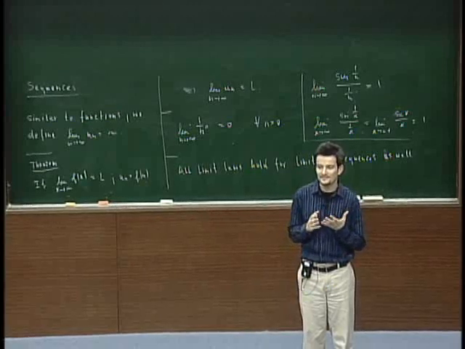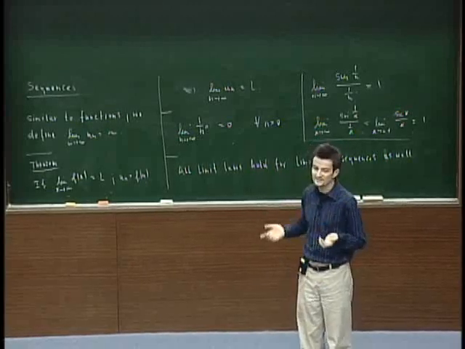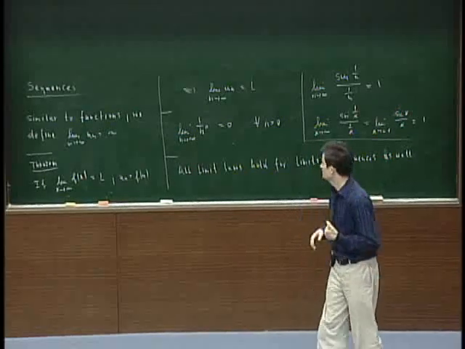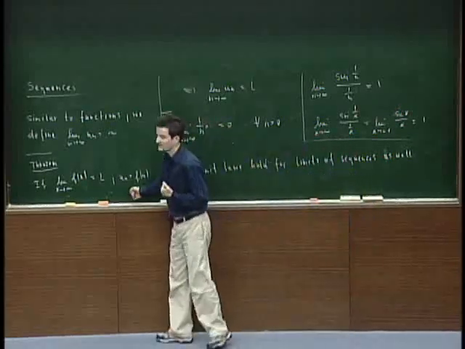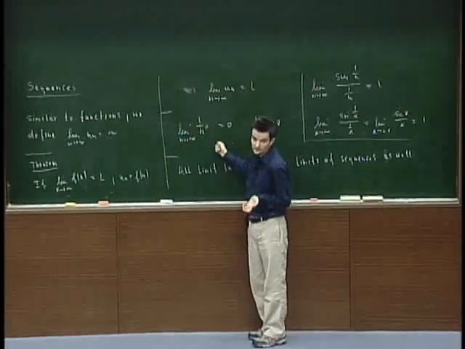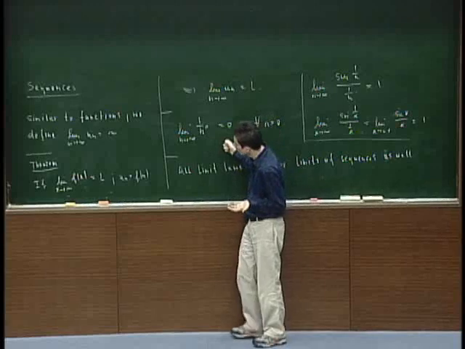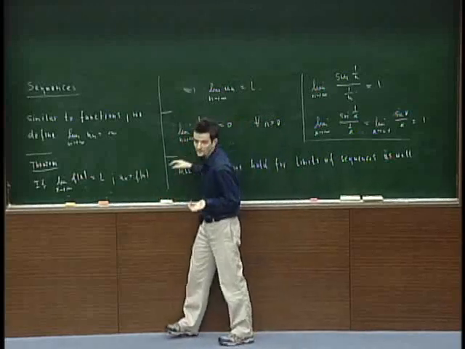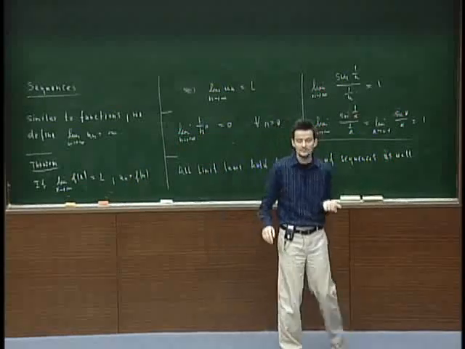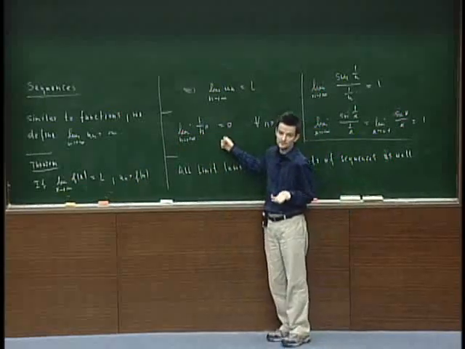This is clear because a sequence is nothing else but a function. And from this result here, you do not have to prove this by going into the epsilon delta definition, because we have proved it already for the function 1 over x to the r. So this result will help you to figure out limits of lots of the elementary functions.